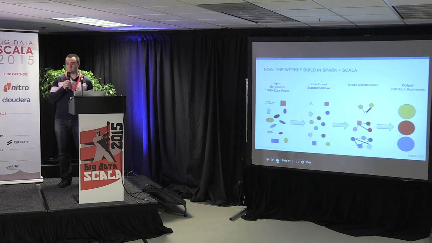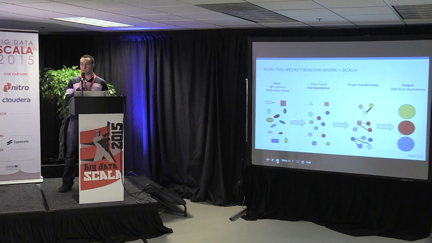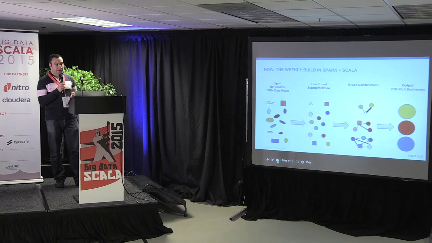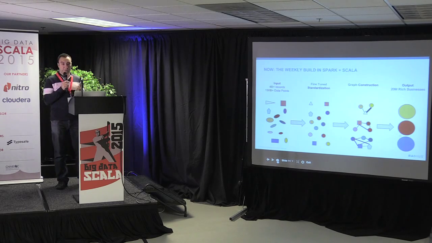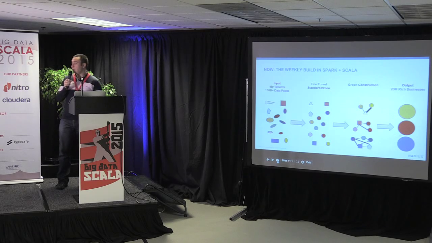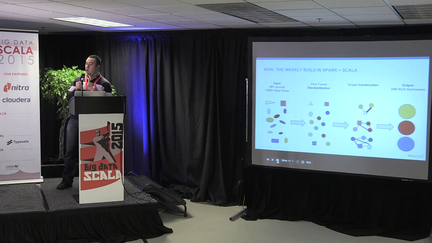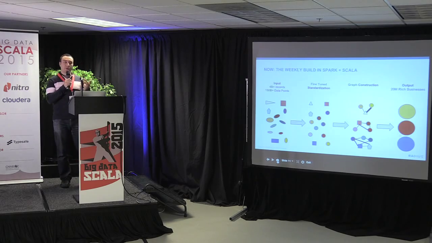This is very powerful because it allows us to do smarter things when we cluster records. And third, because of MLlib and the ease to impute, classify, regress data points, we get, as an output, businesses that have way more data points than before.